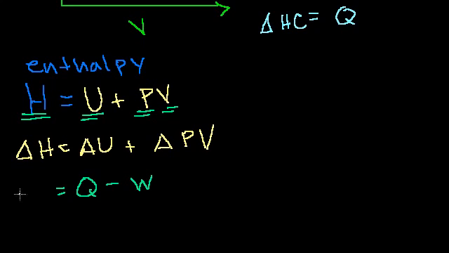The change in enthalpy is equal to the heat applied minus the work done. That's just the change in internal energy, plus delta PV. This is just from the definition of my enthalpy.